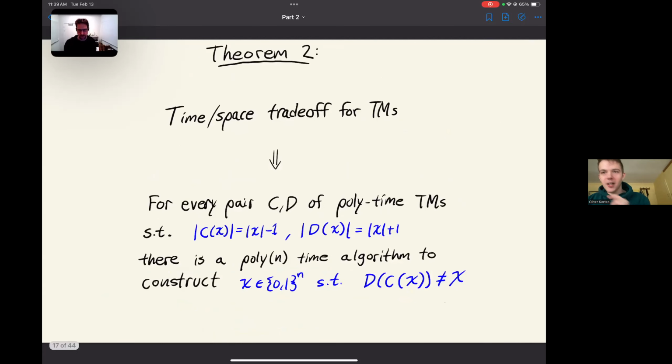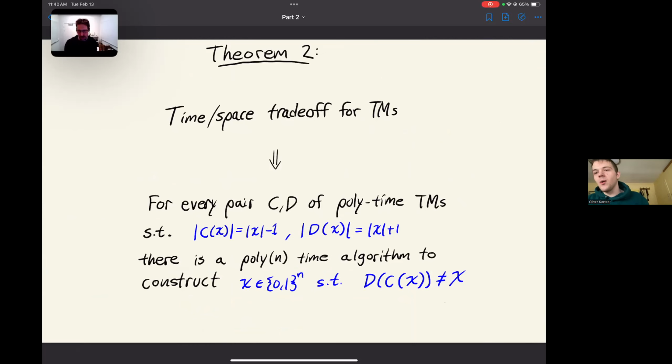So what we're going to show, sorry, I don't know why this is Theorem 2. This is a theorem though: assuming a certain time-space trade-off, which I'll state formally on the next slide, it's exactly like what we said before.